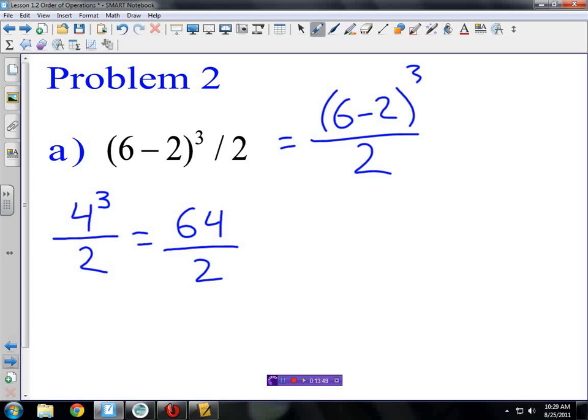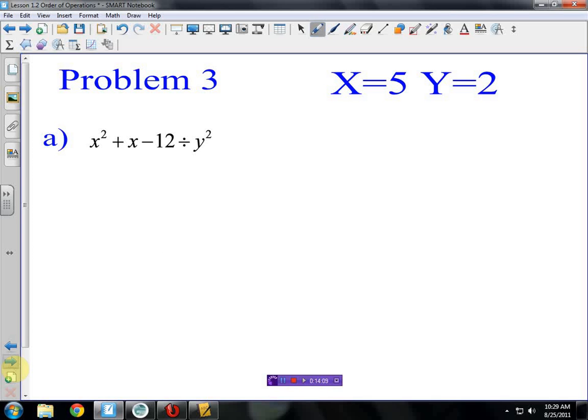Then what's after exponents? Yeah, we have some division here. So we have 64 divided by 2 is 32. All right, any questions on this one? All right, let's try another.